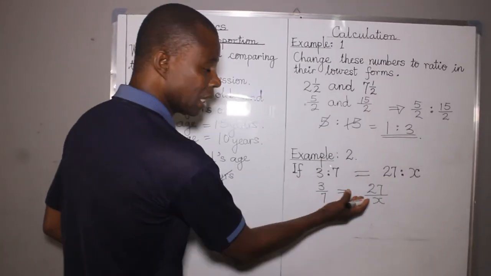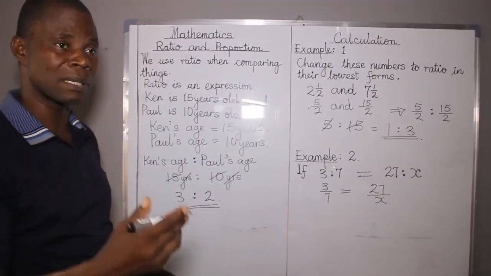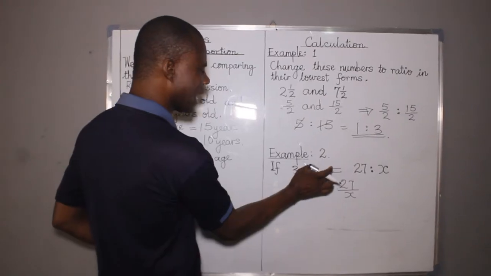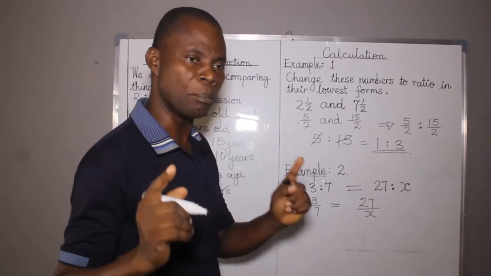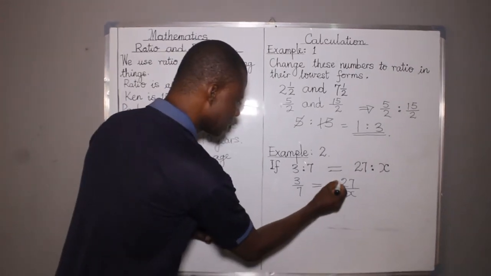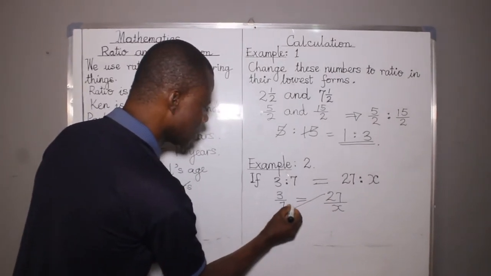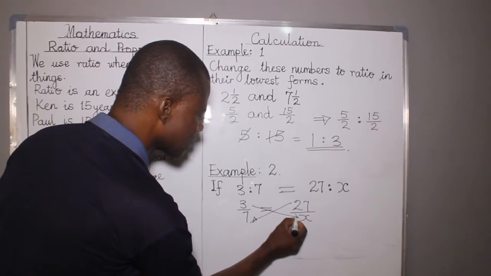Therefore, what we do in this kind of equation, we go to cross multiplication. Whenever it becomes an equation of this kind, use cross multiplication. That is, this number times this, and this number times this.